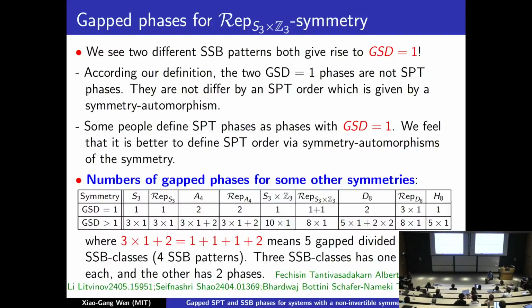But for example, for the A4 case, are some of these the intrinsically gapless SPT? They're all there. I can send you a table. We organize them in a Hasse diagram, so they can be organized in this nice way. Okay. Any other questions?